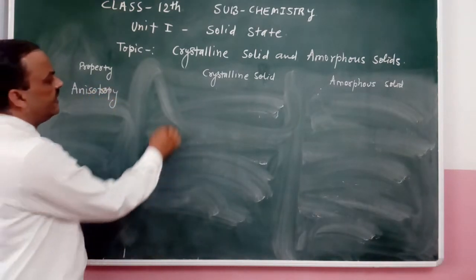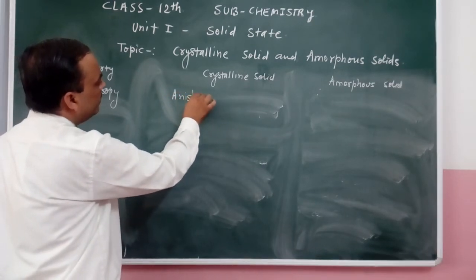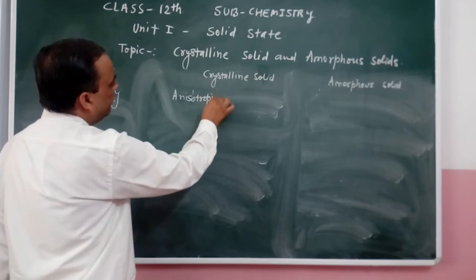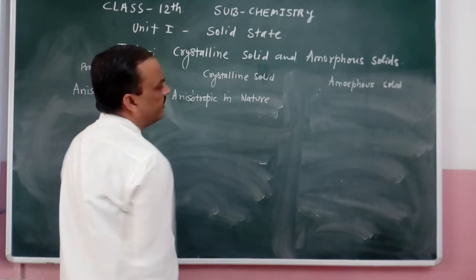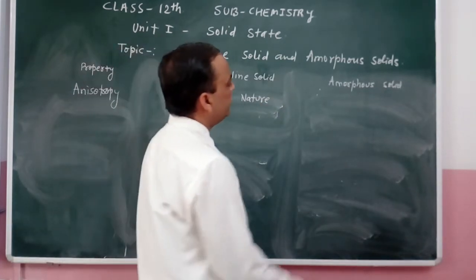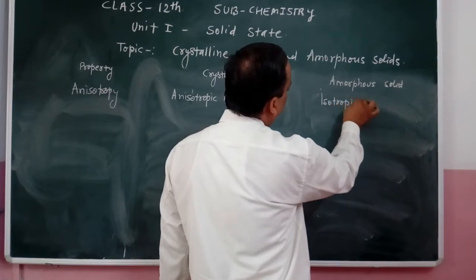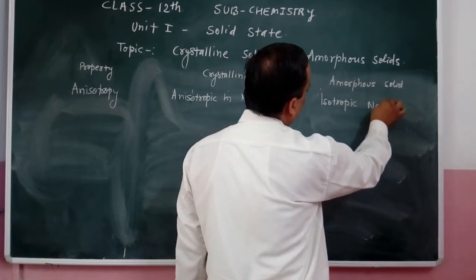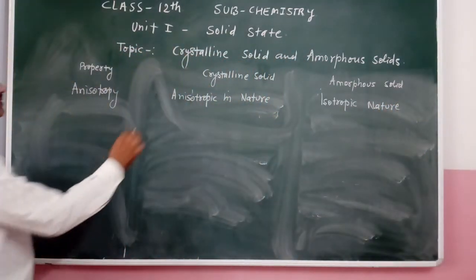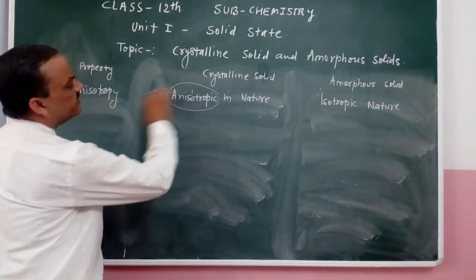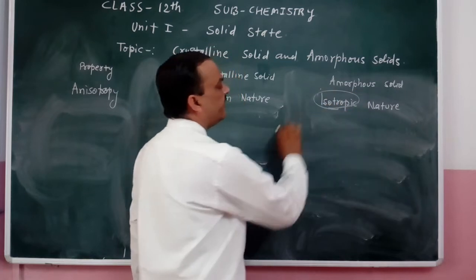Crystalline solids are anisotropic in nature, but amorphous solids are isotropic in nature. Now we will understand the meaning of anisotropic and isotropic character.